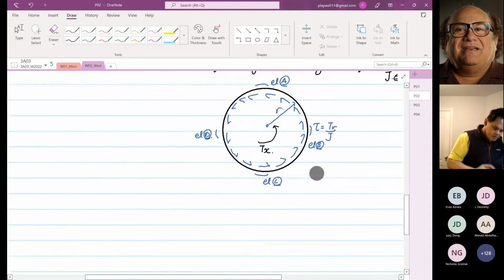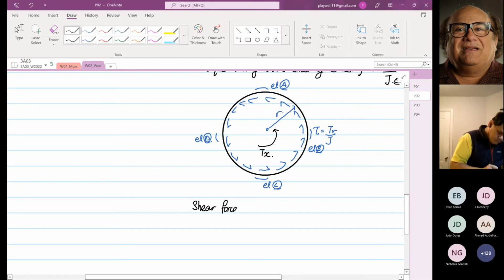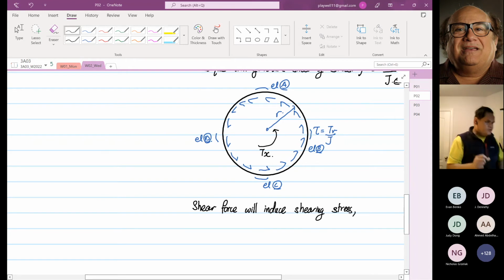So how does the shear force affect the structure? The shear force will induce shearing stress. I think Dr. Koshi taught this very briefly in class.